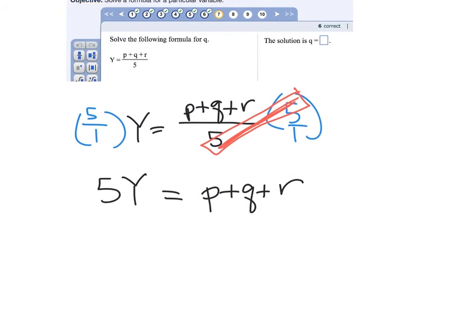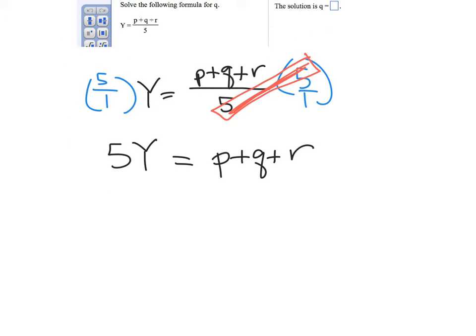And now I want to get rid of both the P and the R. Keep in mind that P is positive because there's no symbol in front of it. So how are you going to get rid of that positive P? You're going to subtract P. How are you going to get rid of this R? You're going to subtract R. So I'm going to subtract P and subtract R from the left side.